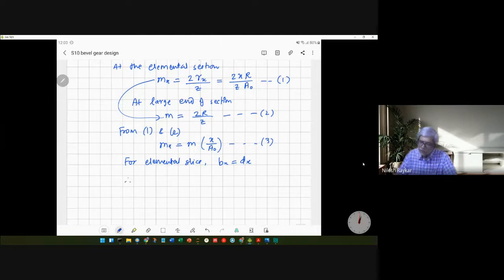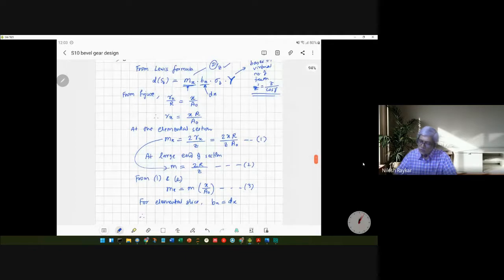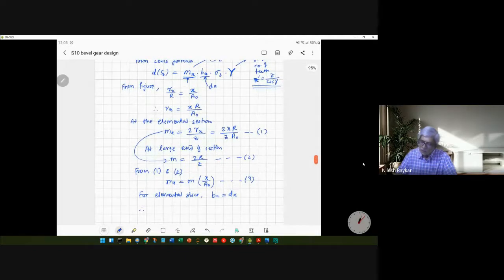So coming back to our original formula, dSb, that is the bending strength of the gear or the maximum tangential force this slice can take, would be given by this equation, equal to m sigma b capital Yx into dx divided by A naught.